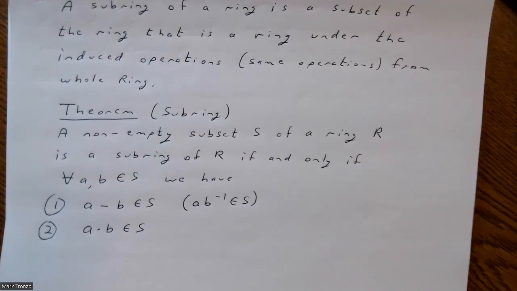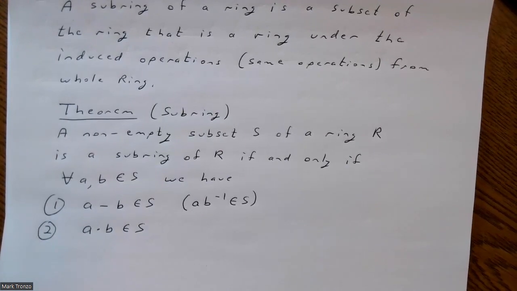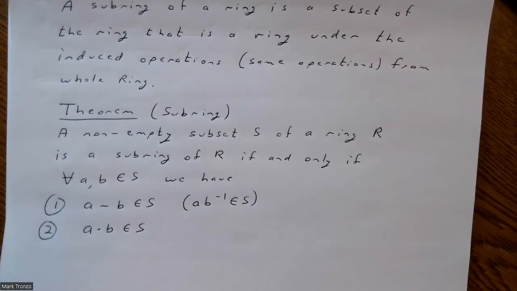Now, of course, a lot of it makes sense because if you have a subset, and the original set was a ring, it was a commutative group. It was an abelian group. So you don't have to check to see if things are going to commute, because if the members commuted when they were in the original ring, they're going to commute when they're in the subgroup or in the subring.